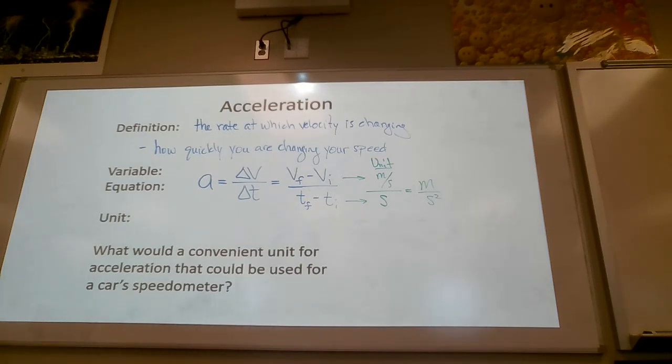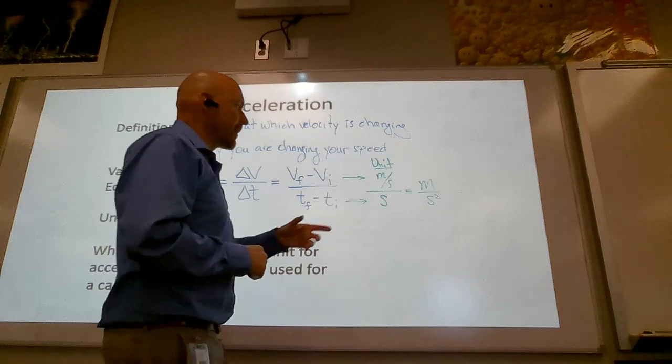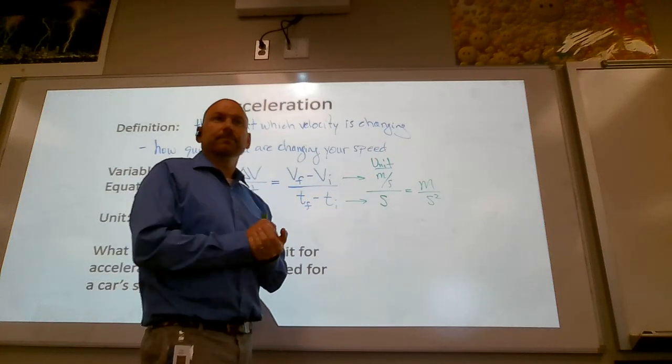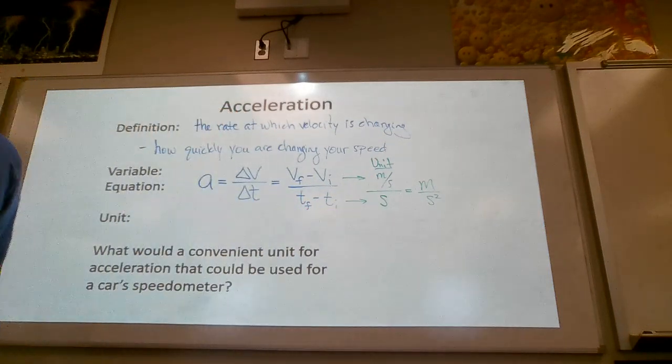So if we had an acceleration of 5 miles an hour per second, what that means is every second that goes by, you're changing your velocity by 5 miles an hour. So it would be like 0, 5 miles an hour, 10, 15, 20 miles an hour. But we're never going to use miles an hour. We're going to use meters per second. Good with that? Okay.